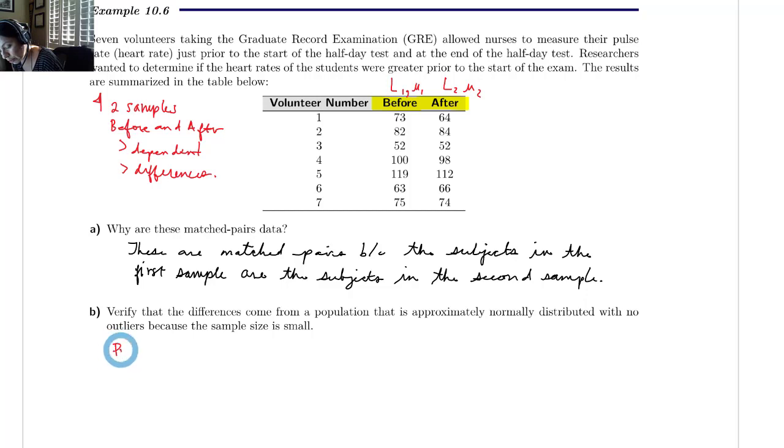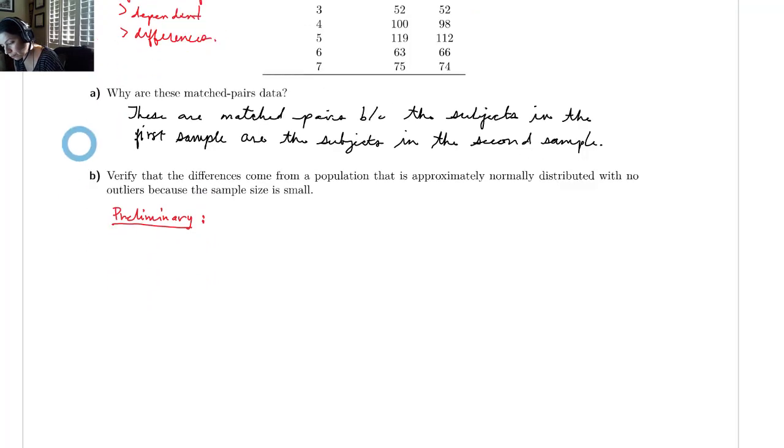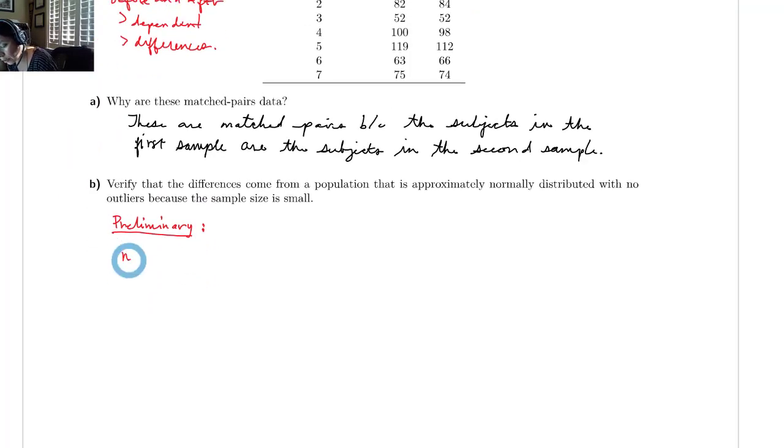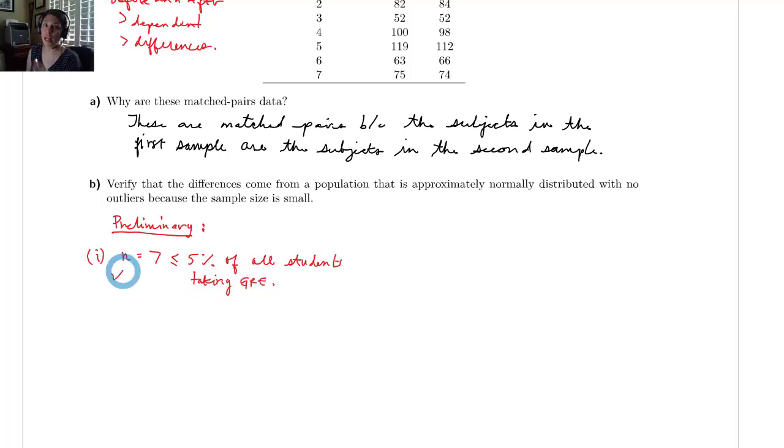That's essentially what we're doing in part B. We first test whether the number of people in your sample, 7, is no more than 5% of all students taking the GRE. And the answer was yes. There are a lot of people taking graduate entrance exams.